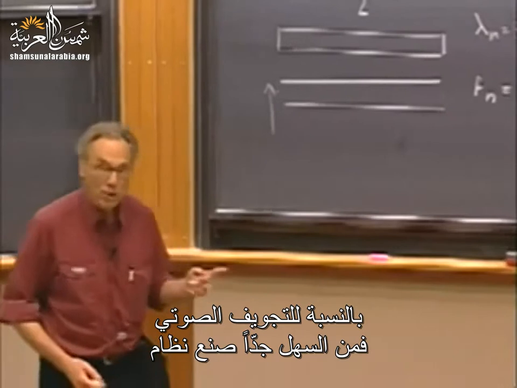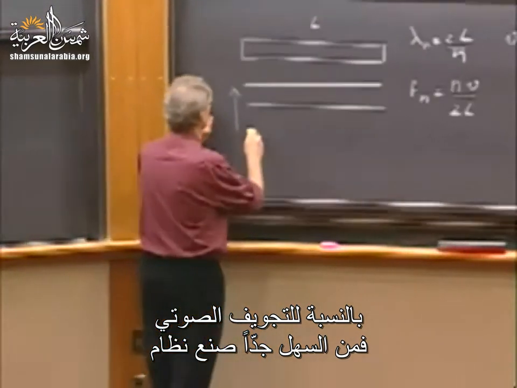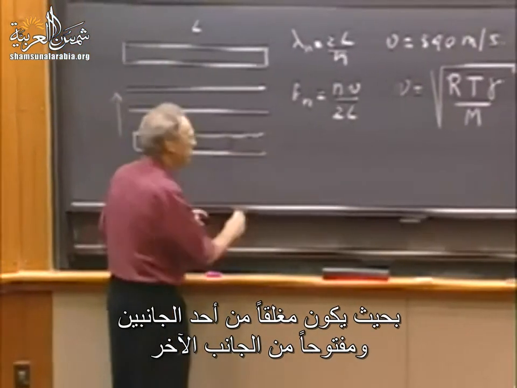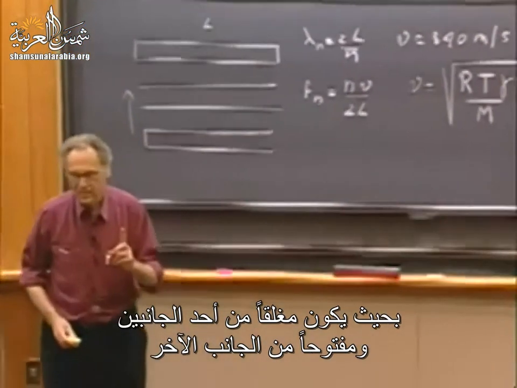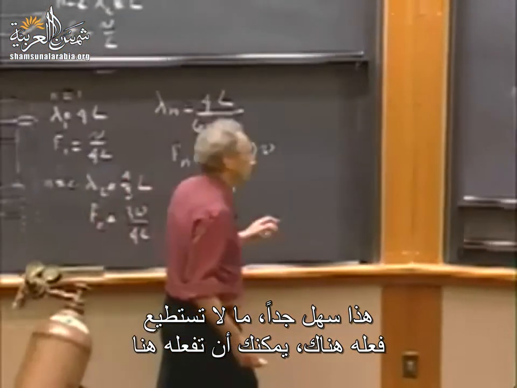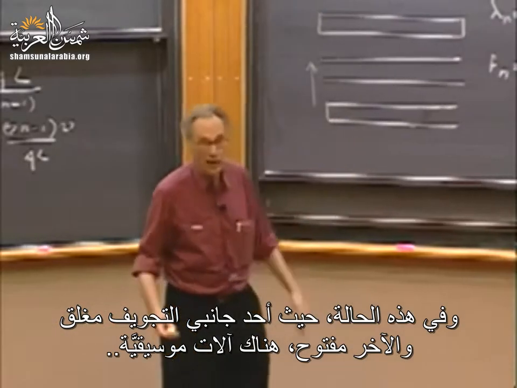Now there is, in the case of sound cavities, what is very easy to make a system which is closed at one end and which is open at the other. That is very easy. Which you cannot do here, you can do that here. And so therefore, in this case, that one side of the cavity is closed and the other one is open, there are musical instruments.